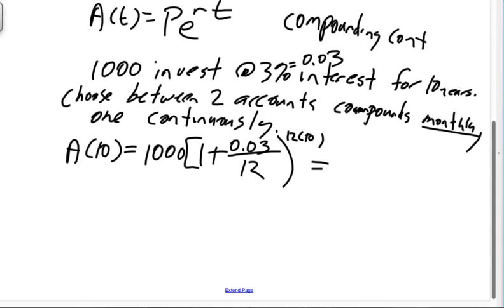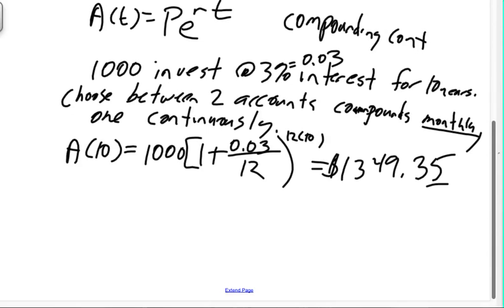And then you go in and you calculate that, and we end up with $1,349.35. You're dealing with money, so you should always go to 2 decimal places since that's pennies.